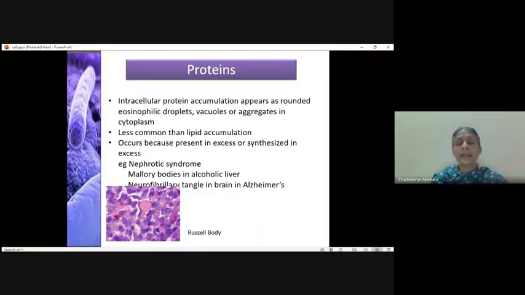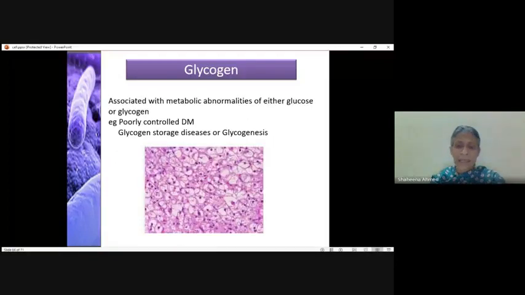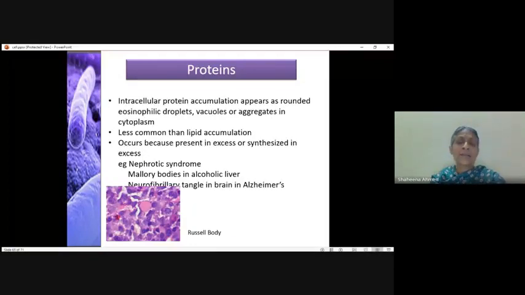Proteins, again, they get accumulated, but their accumulation is not that common as compared to fats. Common examples that you see of protein are in the liver, alcoholic liver. You can see them in kidneys, like in nephrotic syndrome.